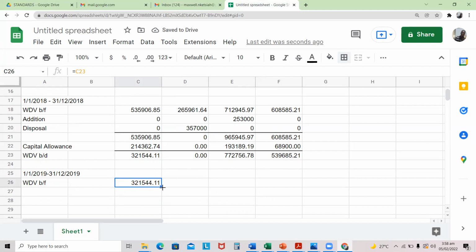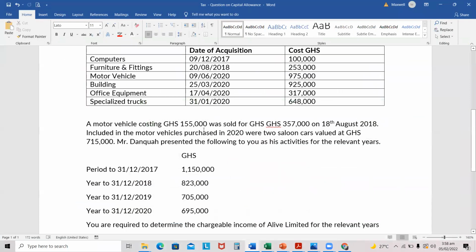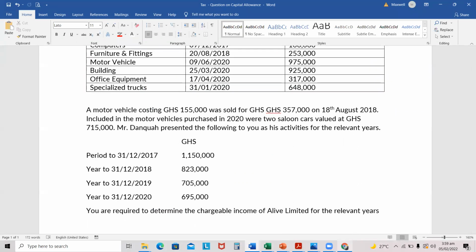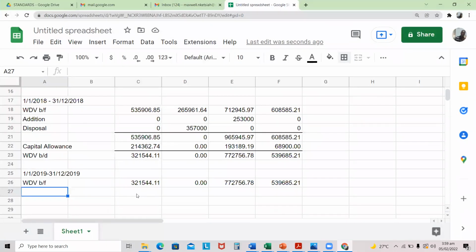So we calculate the factor for all of them. Then ask whether there was addition. In 2019, there was no addition, and there was no disposal. So no addition, no disposal, so we go ahead and calculate capital allowance.